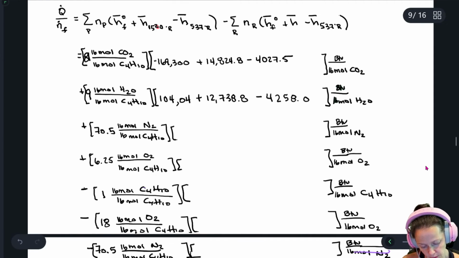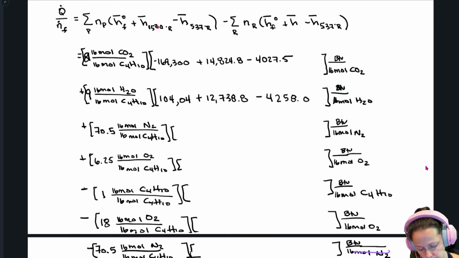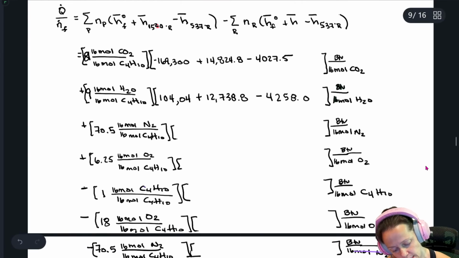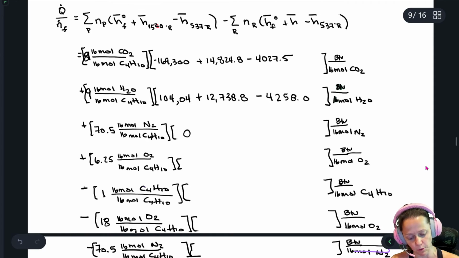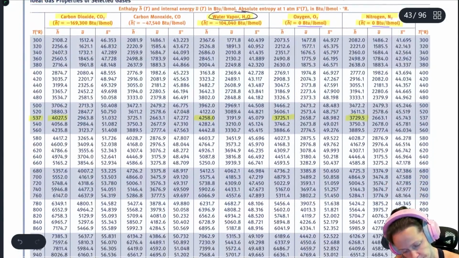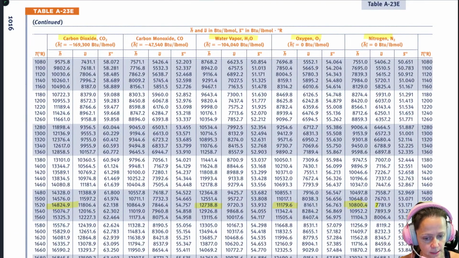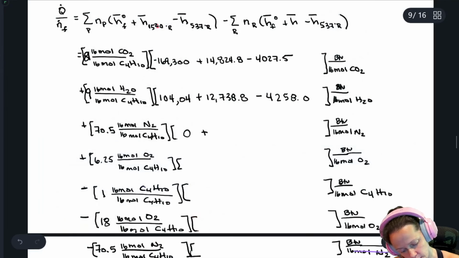Then we have our nitrogen. The enthalpy of formation for nitrogen at the very top, you'll see it's 0 BTU per pound mole. And then the enthalpy at 1520 degrees Rankine for nitrogen ends up being 10,800.4.